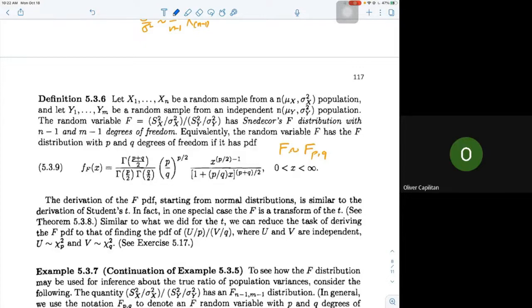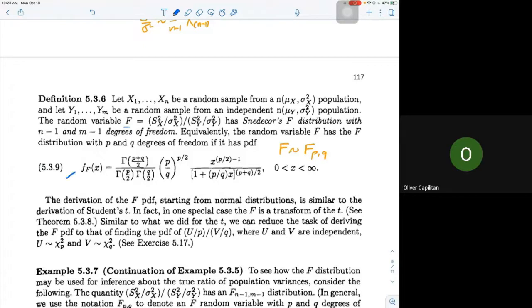We have this random variable denoted by capital letter F, which is the ratio of s sub x squared over sigma sub x squared, and in the denominator s sub y squared over sigma sub y squared. So this F has a Snedecor's F distribution with n minus 1, m minus 1 degrees of freedom. And then the probability density function is defined in equation 5.3.9.